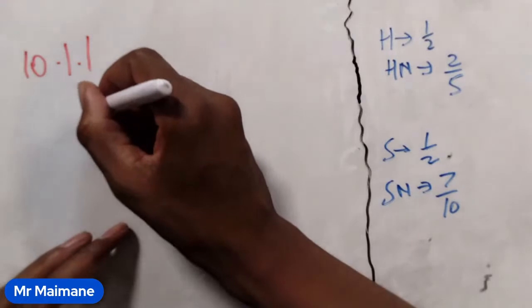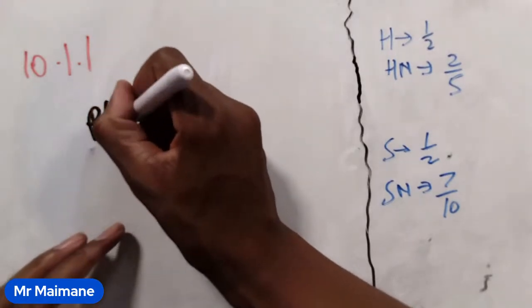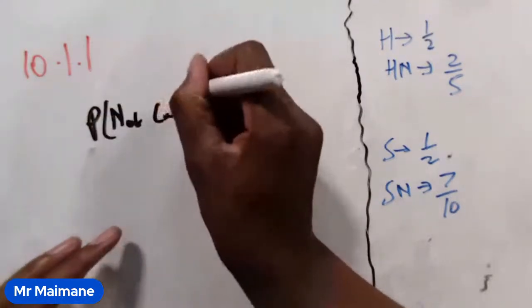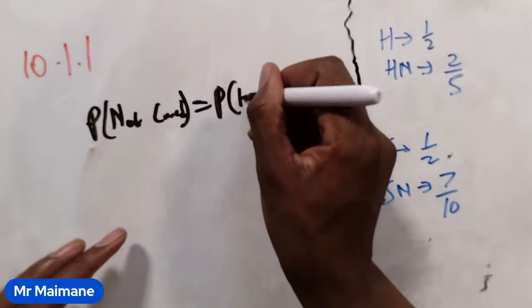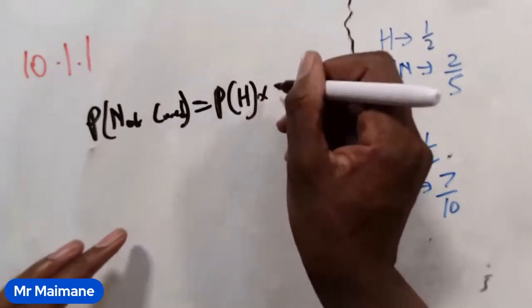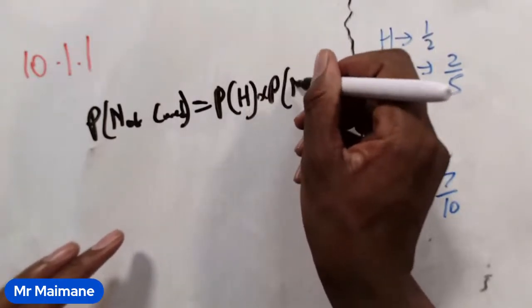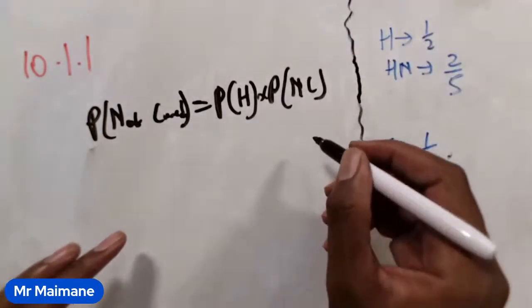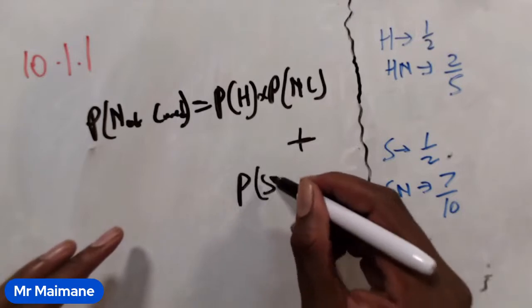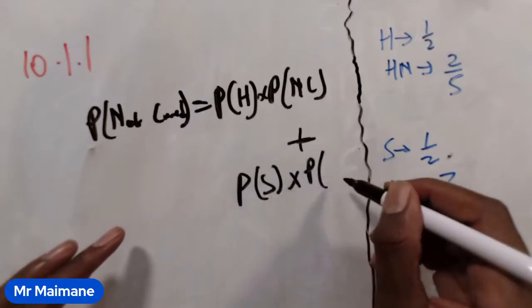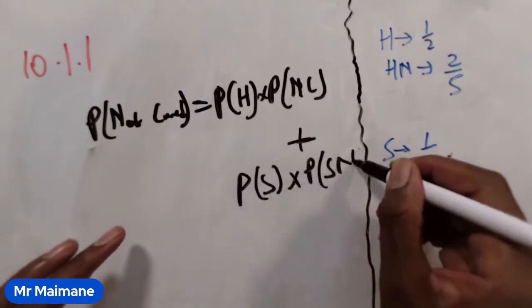So to get the probability of not cured, it's going to be the probability of headache pill multiplied by the ones that were not cured, and then you add that to the probability of sugar pill multiplied by the ones that were not cured.